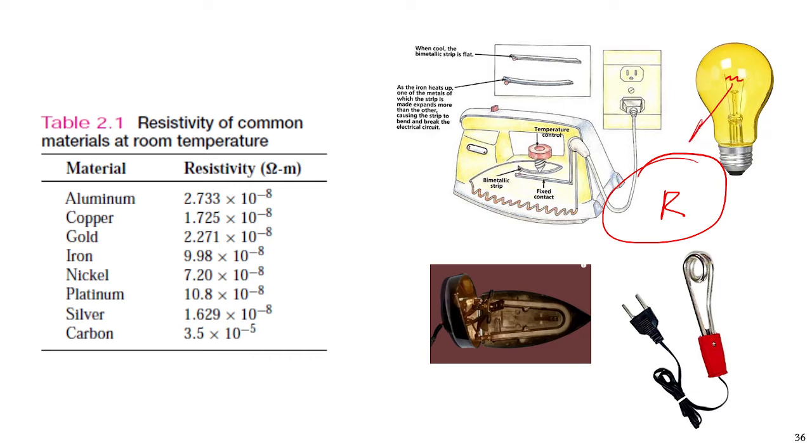We let the current flow through the resistance, and it generates heat, I squared R. Then this becomes light. This is also a heater by I squared R, dissipating the power into heat.